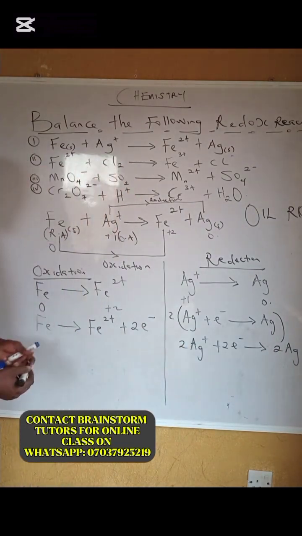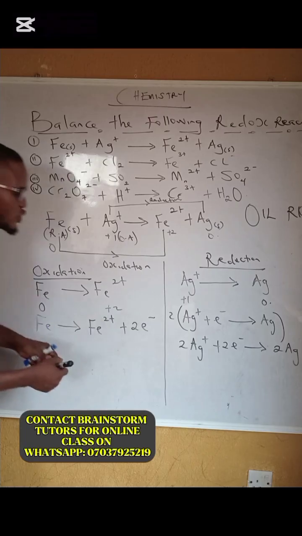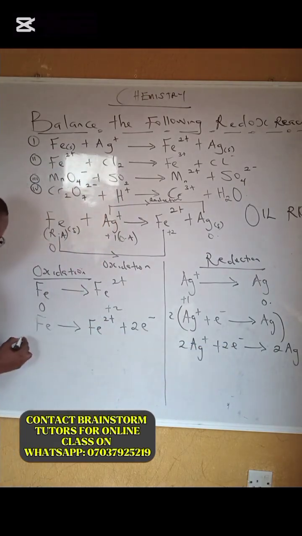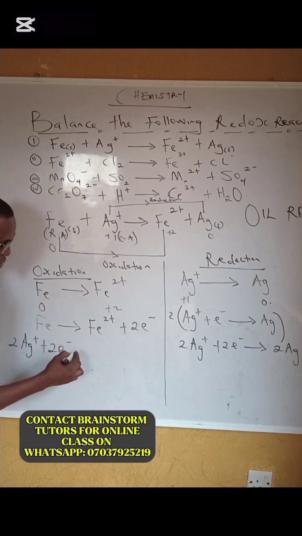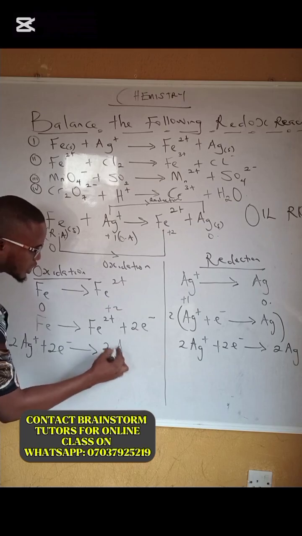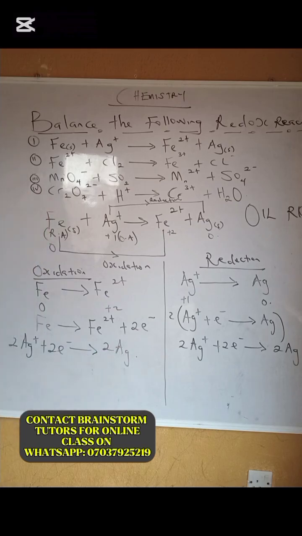So now I have to add both of the two half-equations together. Let me call this to the side. I'm going to have 2Ag+ plus 2e-, right? This will give me 2Ag. So in order to make this happen, I'm just going to add both of them together.